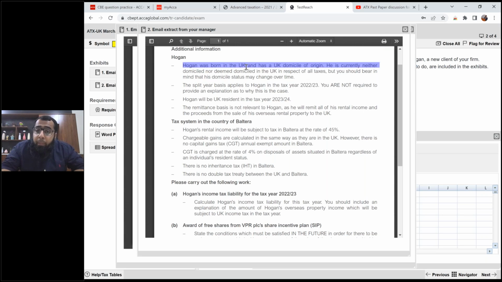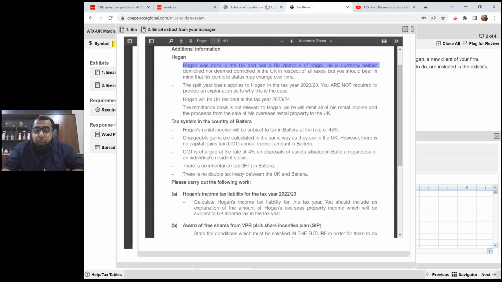Now, if you remember, if someone was born in the UK and had a domicile of origin in the UK, he becomes a deemed domicile holder for IHT purposes if he is resident in the year of gift. Please listen to me. If he is UK resident in the year of gift and he was resident in any of the previous two tax years.